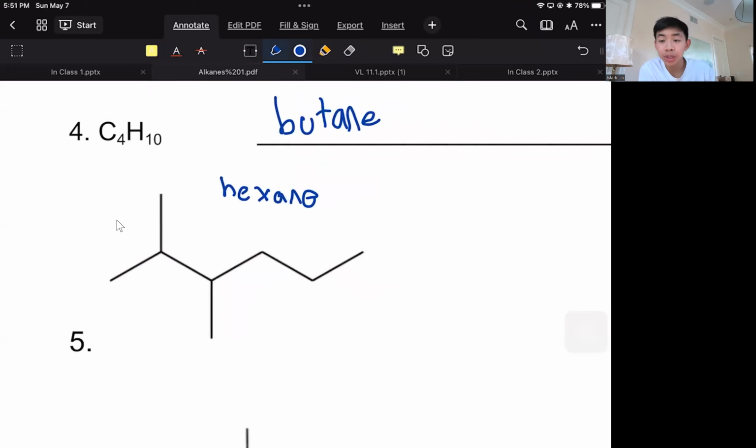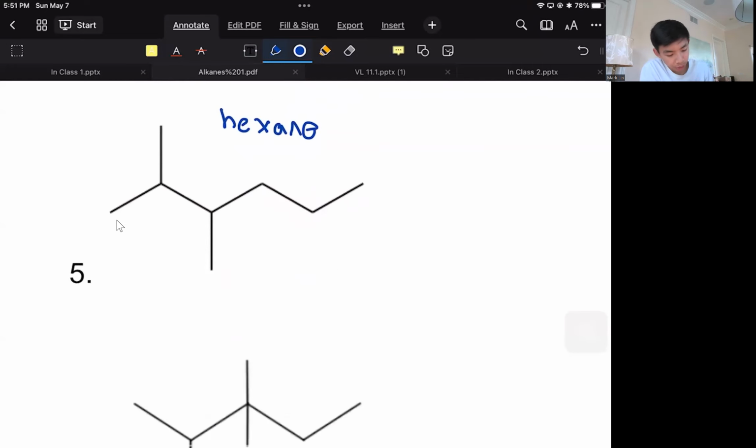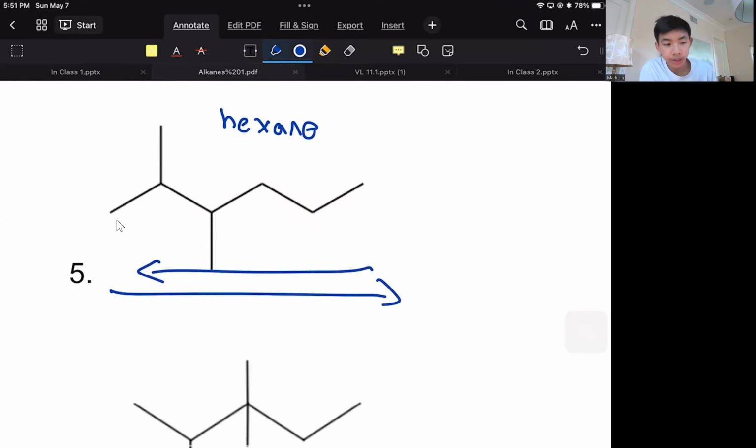For this one, we need to decide whether it's going to go this way or that way. The way you find out which side to start from is to see where the first branch is closest to. If we go from this side, one, two, three, our first branch comes at number three.